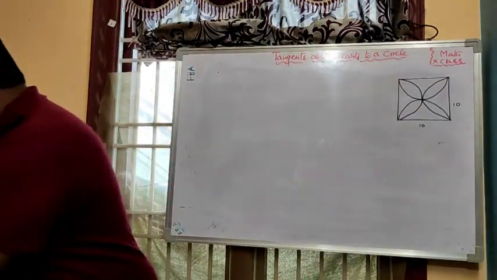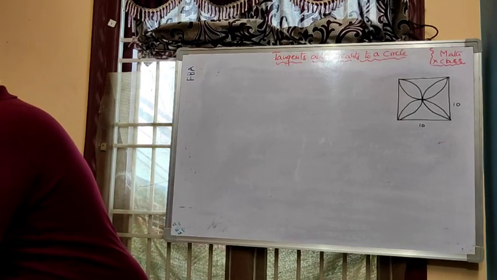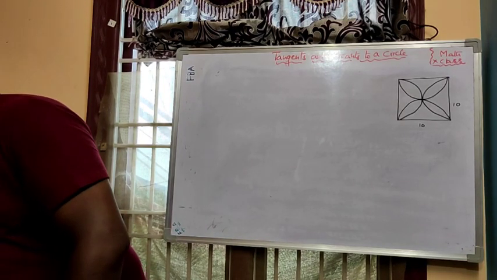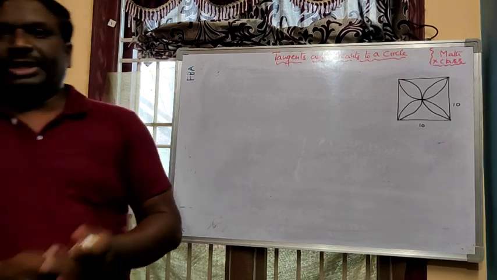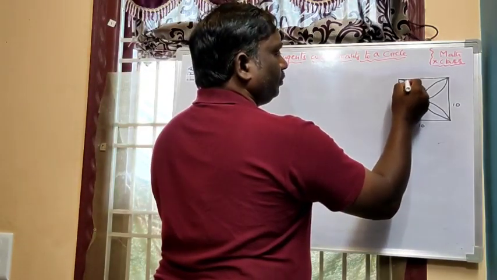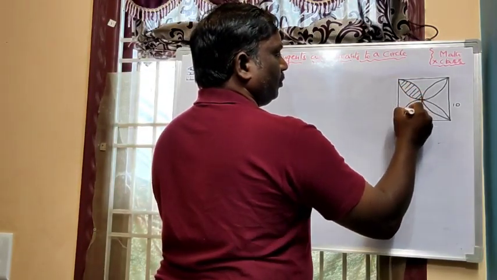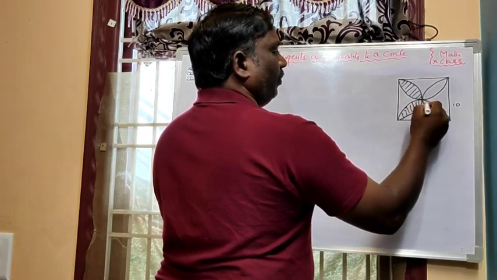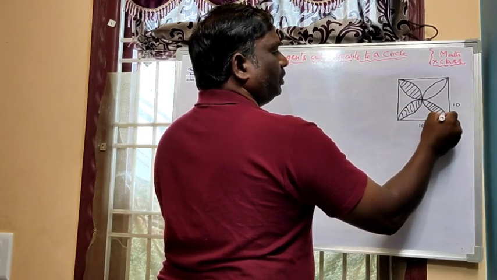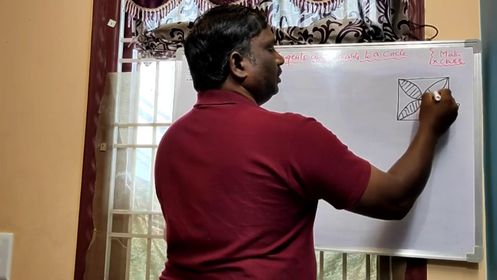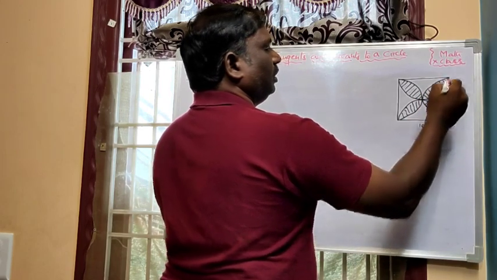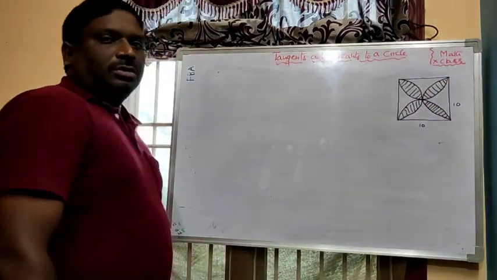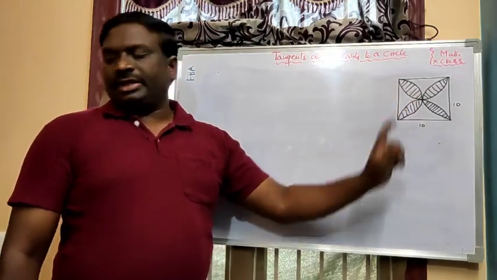We need to find the area of the shaded region. Which shaded region? We need to find the area of this shaded region. Very easy, very important question. I'll explain in an easy way. See here.